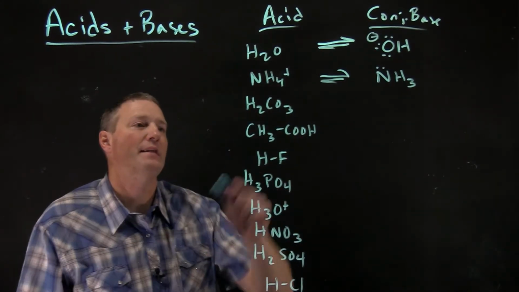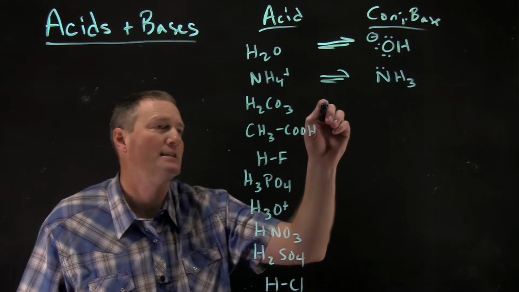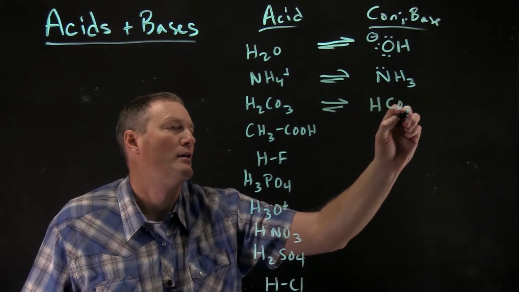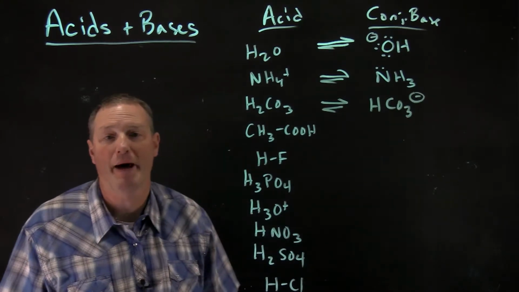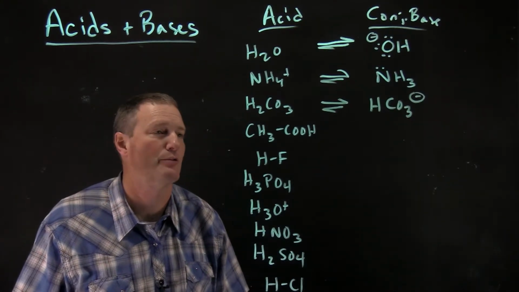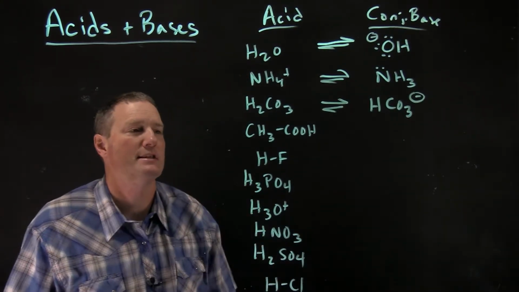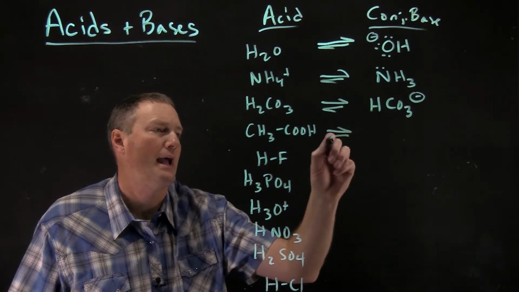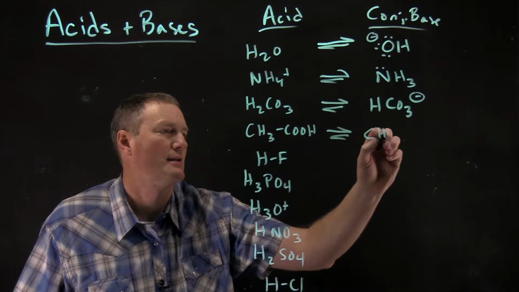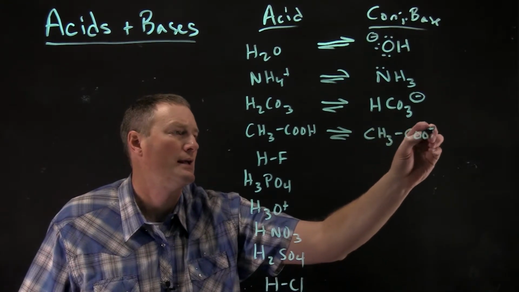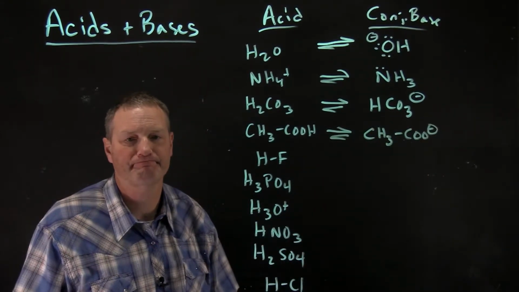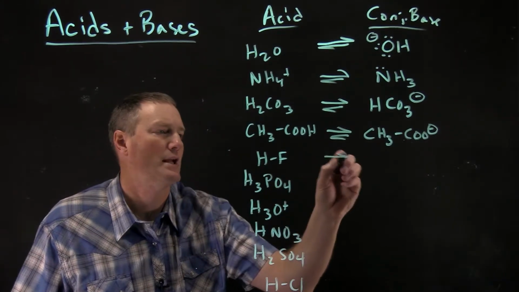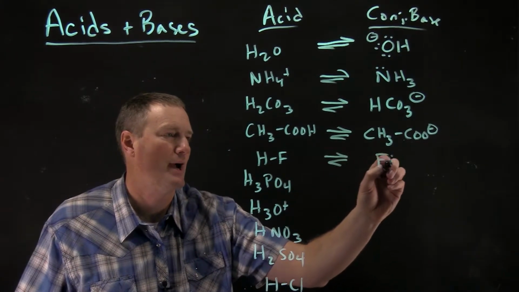The next one, carbonic acid, gives what's called the bicarbonate ion, HCO3 minus. This species, CH3COOH, is acetic acid, and its conjugate base is called acetate. HF, or hydrofluoric acid, has a conjugate base that is just fluoride anion.